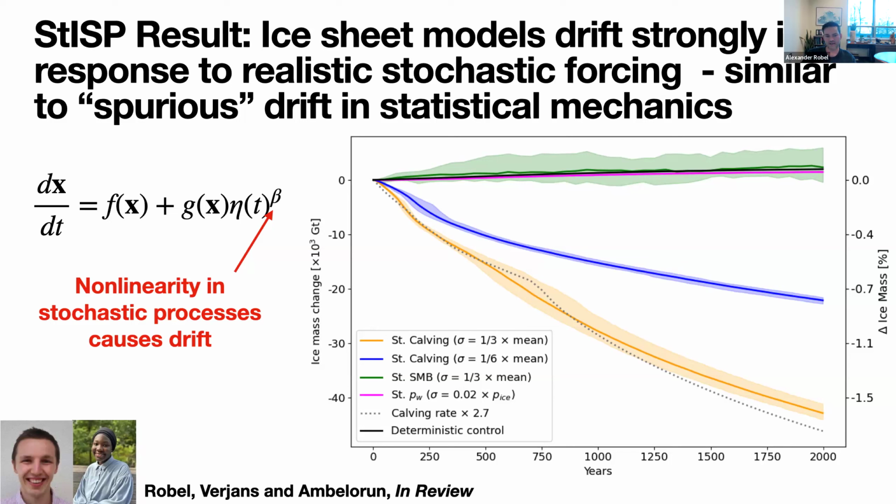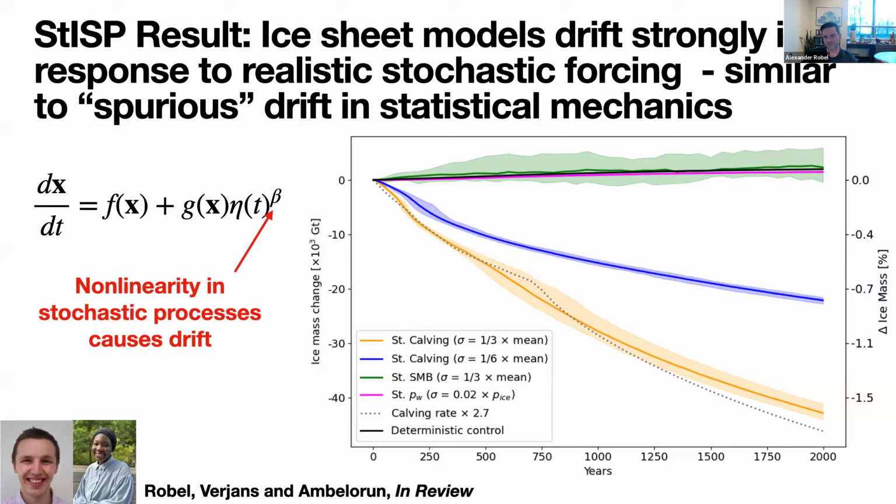One is that many processes in the ice sheet system are highly nonlinear. And when you put a nonlinearity on top of a noise forcing term, even if that noise forcing term is symmetric or Gaussian, it will produce an asymmetric response. That is to say, the mean of the response will be non-zero. So that is one thing that is causing drift in the system.